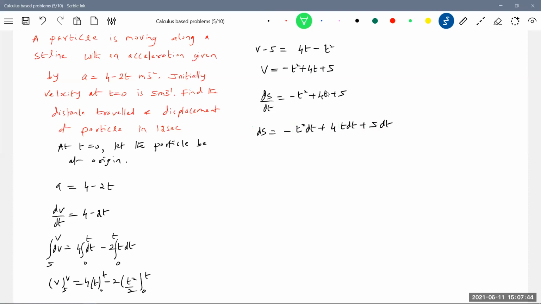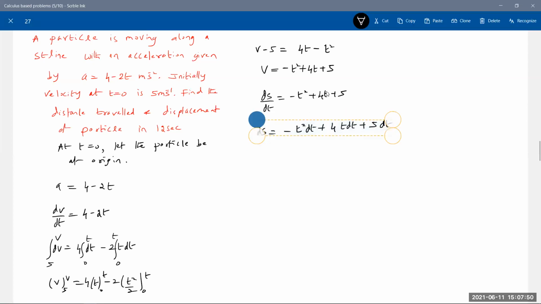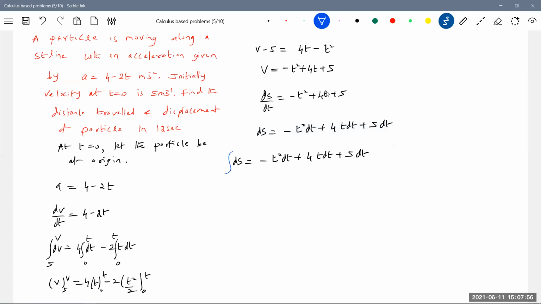Next step, I'll add the limits. Now look at the condition: at t equals 0, it was at the origin. At any time t, let s be the position of the particle. Then solving this, s is equal to minus t cube by 3 plus 4t square by 2 plus 5t.